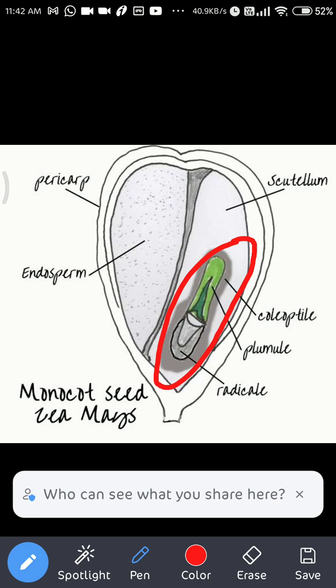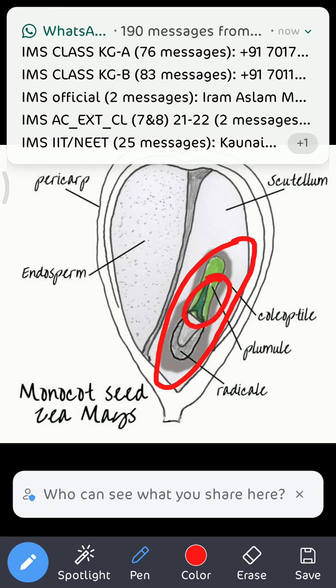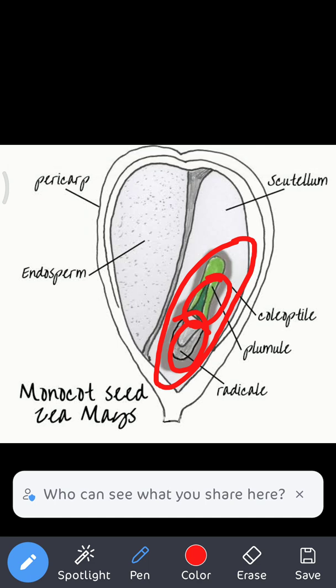So this circle part is the embryo. After fertilization, the egg becomes a zygote and the zygote divides and redivides to form the embryo. This upper part of it is the plumule and the lower part is the radicle. This is plumule, this is radicle.